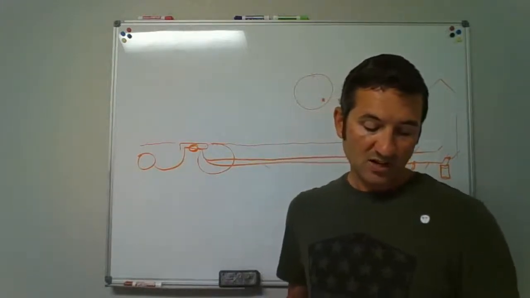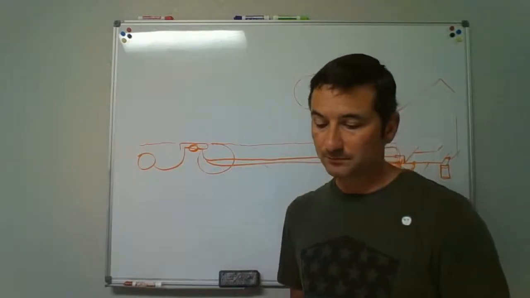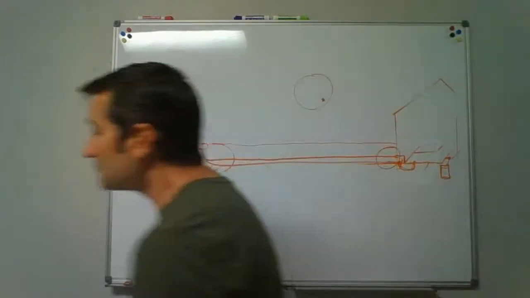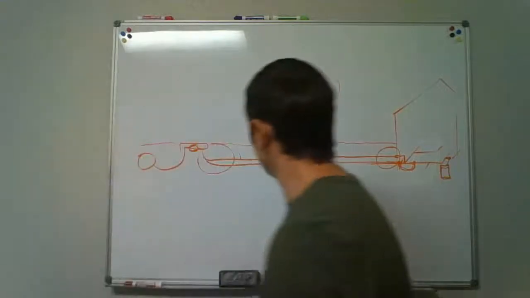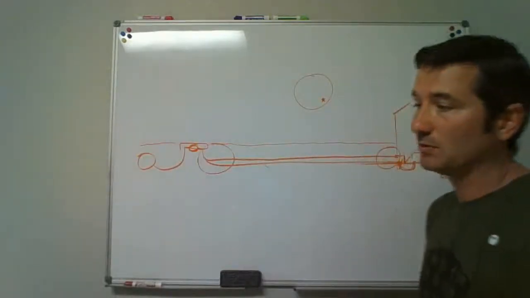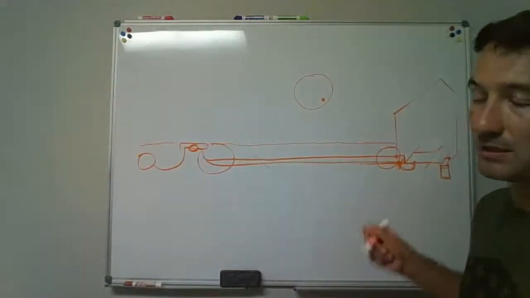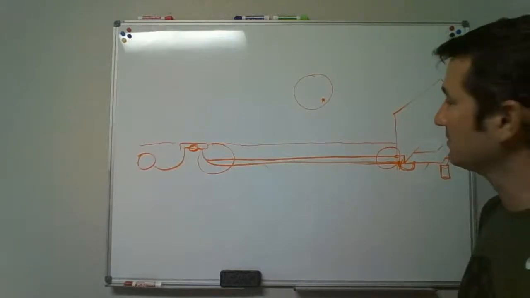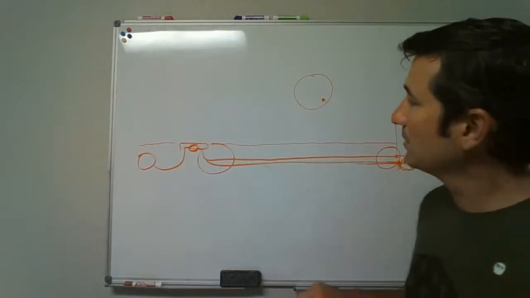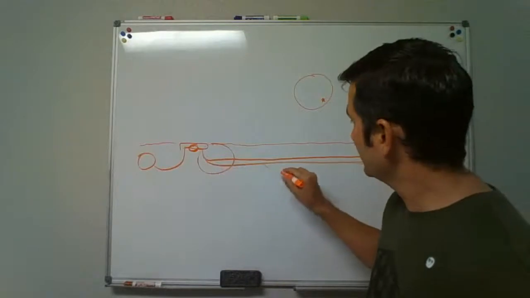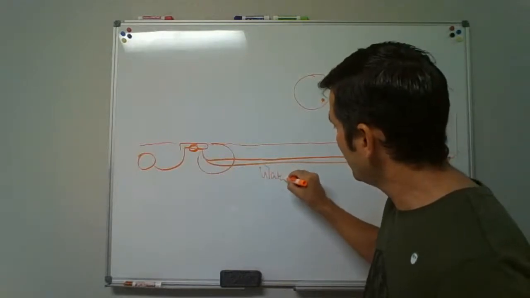All right, the size of your water service. Now we've talked about water service and we've talked about water distribution, and we'll see that again in this chapter coming up just a little bit. But the term water service is this line right here.